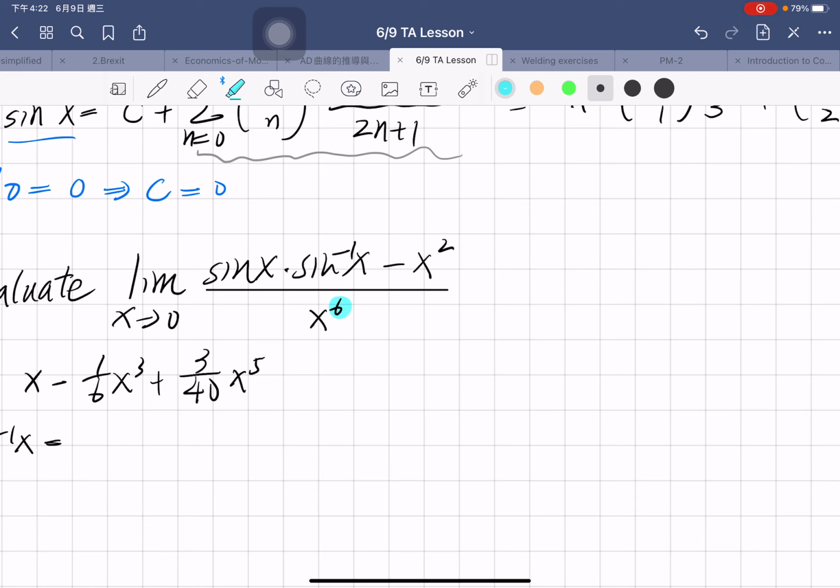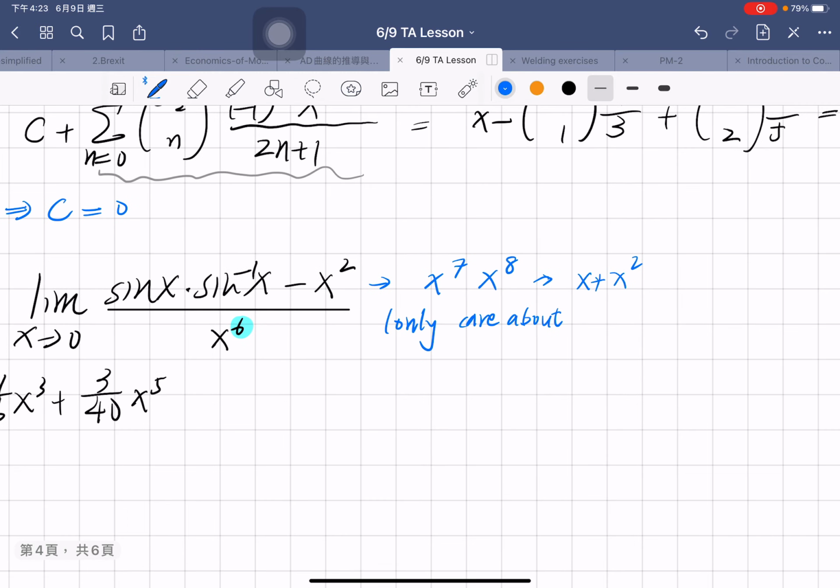Because if we have x with a 7 or 8 power, and we divide by x with a 6th power, we get x and x squared, right? Okay, so it will turn out to be 0 because our x will be 0. So we only care about the terms with power smaller or equal to 6.